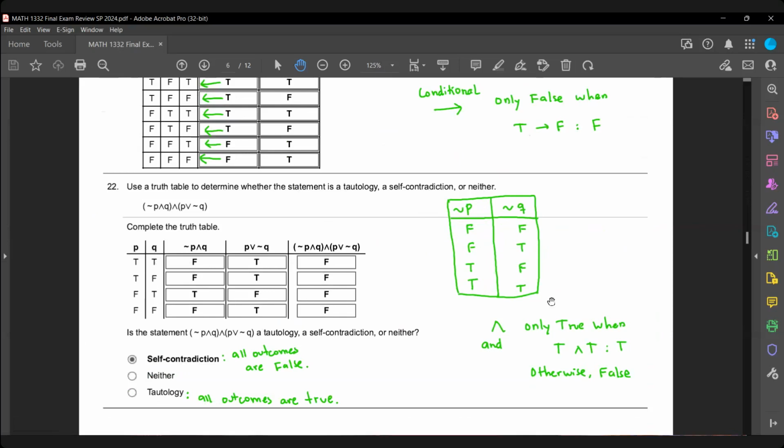False or true will be true. And then we connect these two columns using once again the connector and. And again, and is only true when both of the components are true. So this will yield false, false, false, false. All the outcomes of this column are false, so it must be a self-contradiction.